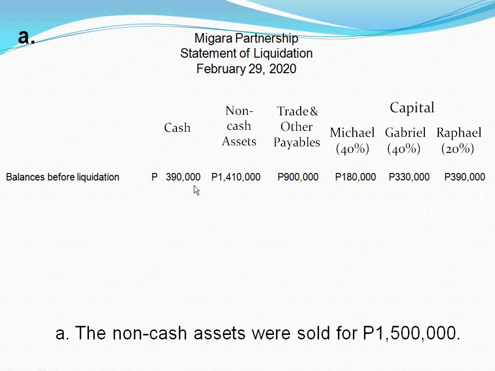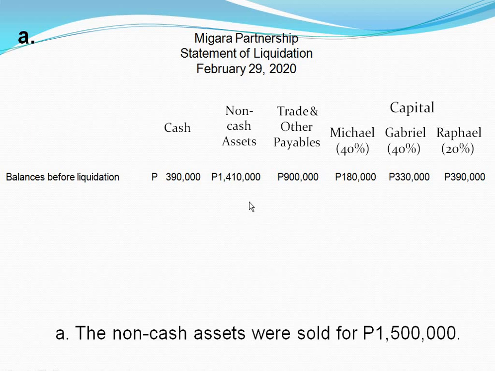This entire 1,410,000, because all the non-cash assets had been sold already. Well, the problem does not specifically say all of the non-cash assets were sold, but that's already understood from the phrase, the non-cash assets were sold.